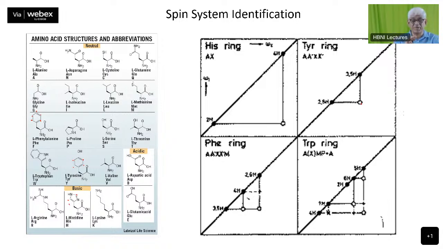So there are three kinds of chemical shifts: 3,5, 2,6, and 4. So you will have a correlation from 3,5 to 4, and 4 to 2,6. 3,5 to 2,6 you will have anyway, while the 4 to 3,5 correlation you may or may not have.